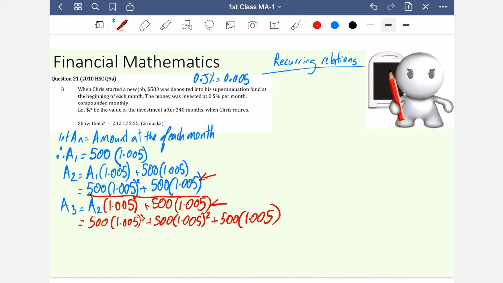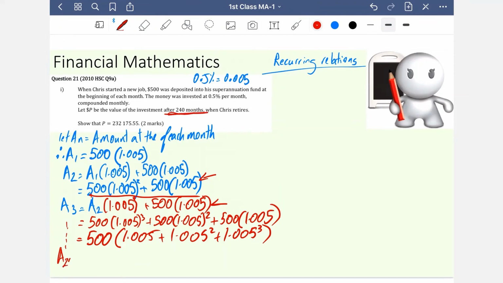Now what I've got here is a pattern. And this pattern, if I take 500 out of it, and then reverse the order, I've got 1.005 plus 1.005 squared plus 1.005 cubed. Okay, so I've got a geometric progression over here, okay? And I'm going to continue now this pattern all the way down to 240, okay?